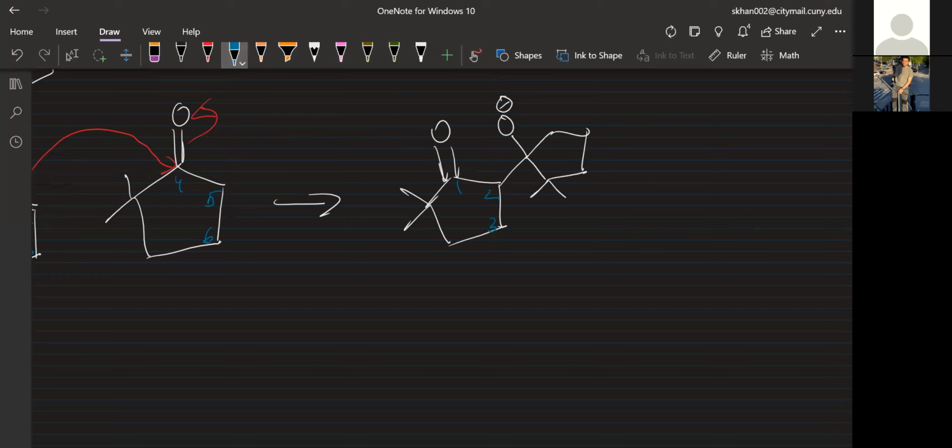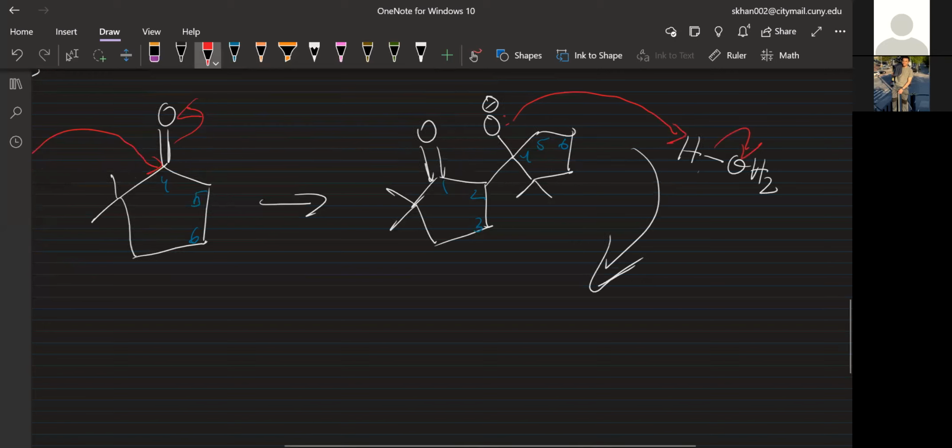If we do some labeling, right, we attacked 4, which is connected to 5 and 6, and that's the rest of the ring there, right? And now your final step is simply deprotonation, protonation. It's your final product.